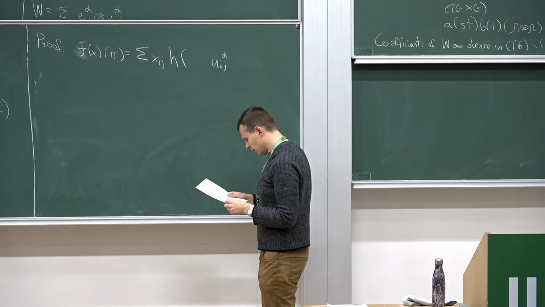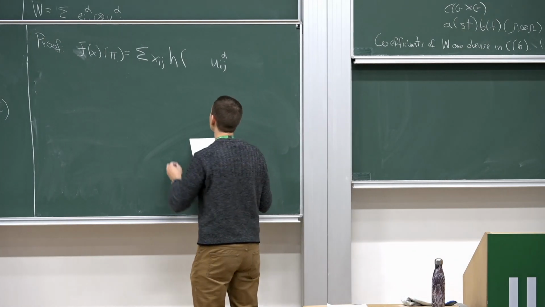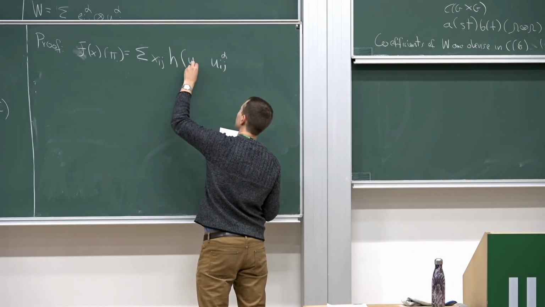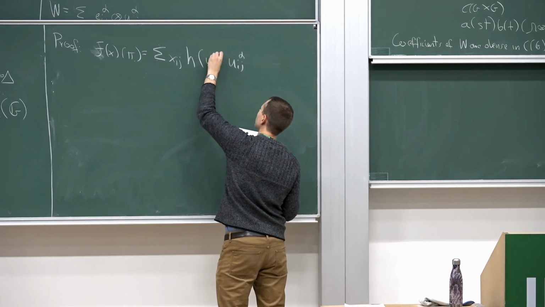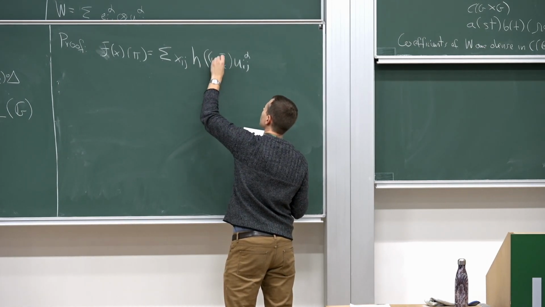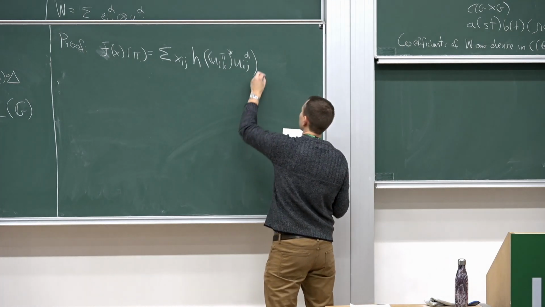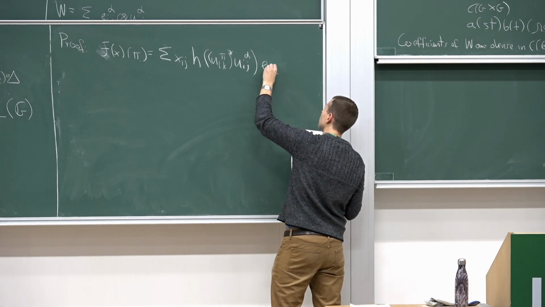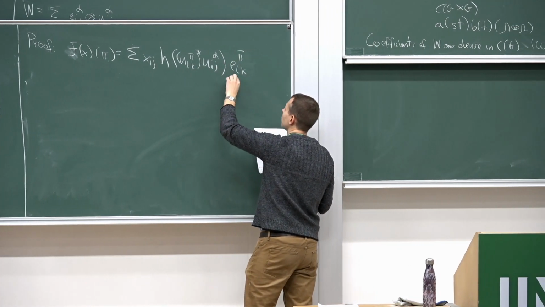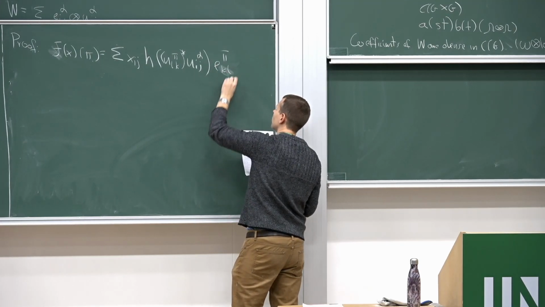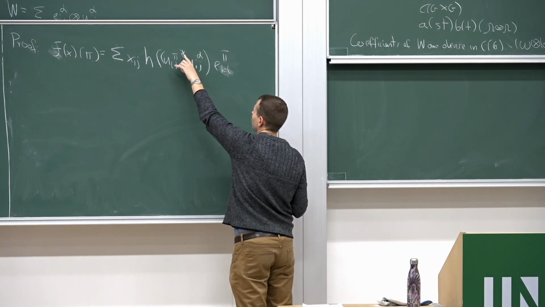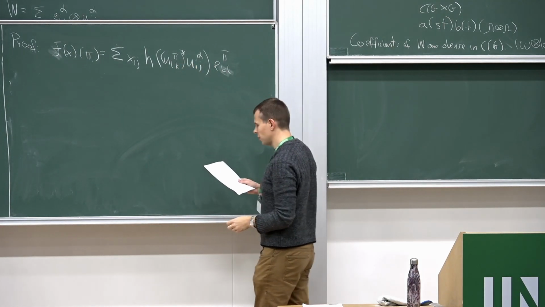Right, and then you take the coefficient of pi, so we have u_lk pi star, and then you have the e_lk. Right, this is the star, so you have the star of the element and the transpose in the middle.